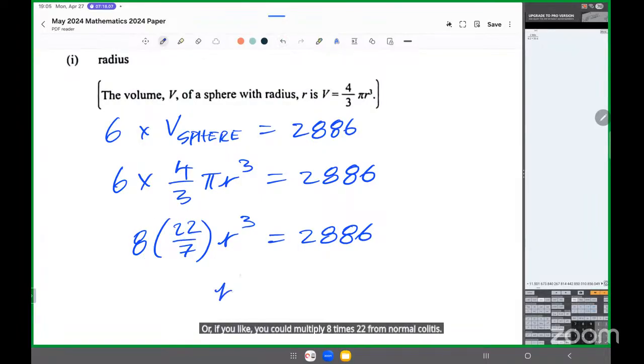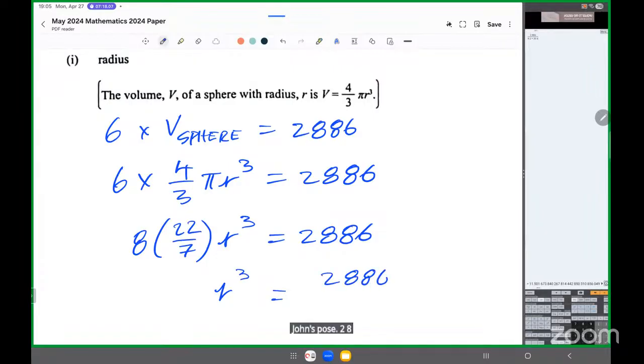The r cubed is now equal to 2886 times 7, divided by the 22 and divided by the 8.